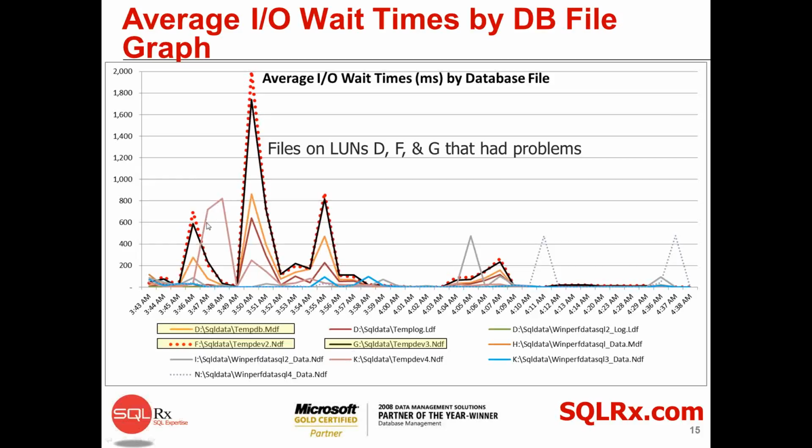You see a few of the other databases in here, the WinPerf Data SQL guy, but all the big players, for the most part, are the tempdb. And that in and of itself is very handy, because maybe you went in there thinking, well, I had to move everything off of those LUNs, and now maybe I just have to move tempdb, which is a lot easier to do.